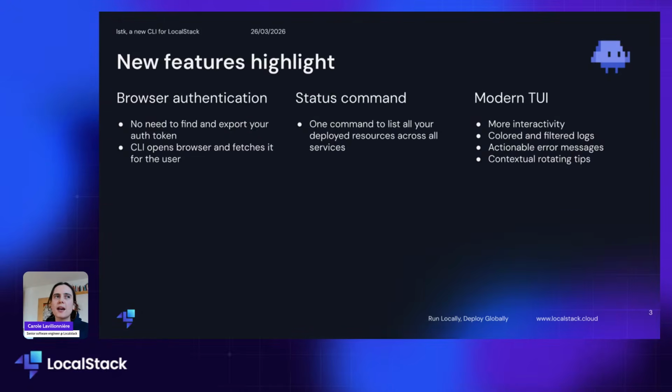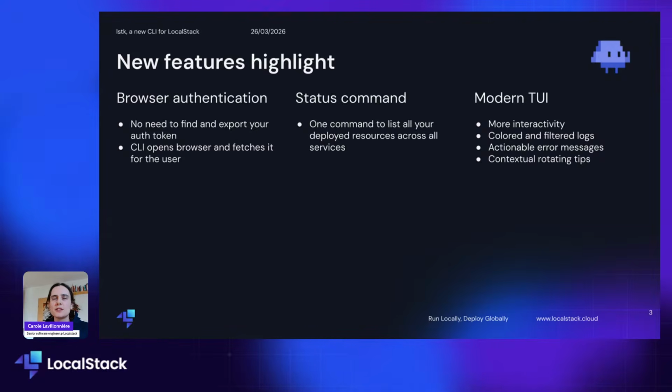You used to have to go and find your token in the browser, copy paste it, and export it in your shell. So this is way simpler now. The new CLI is opening your browser. You don't have to click anything. It's just going to fetch your token for you and store it safely in your system's keyring.